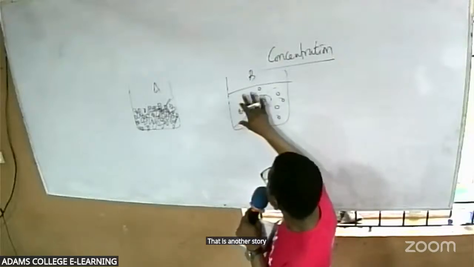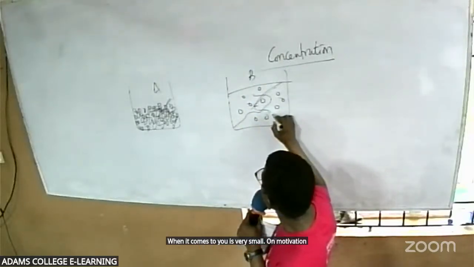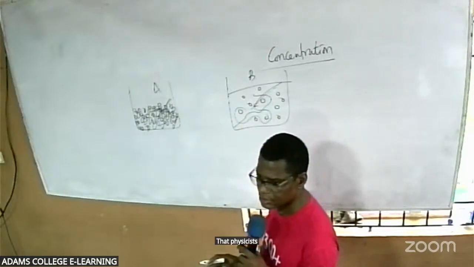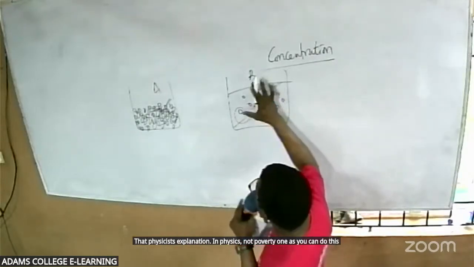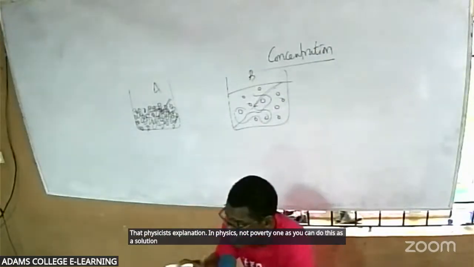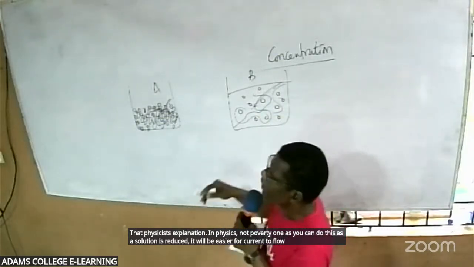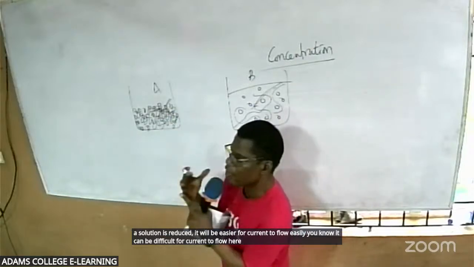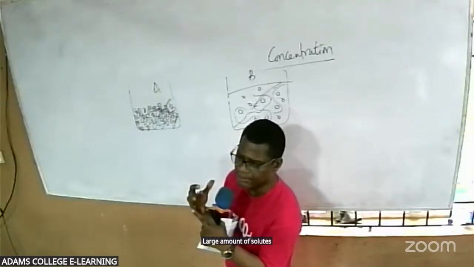When the concentration is very small, conductivity should be very high, because current should be able to flow easily. That's the physics explanation. In physics, that's the perfect one. As the concentration is reduced, it should be easier for current to flow. It will be difficult for current to flow here. You can see it is compact, a large amount of solutes in one dm³.